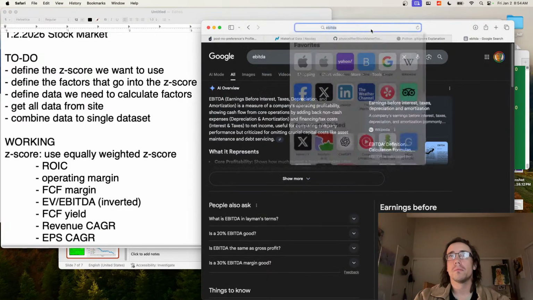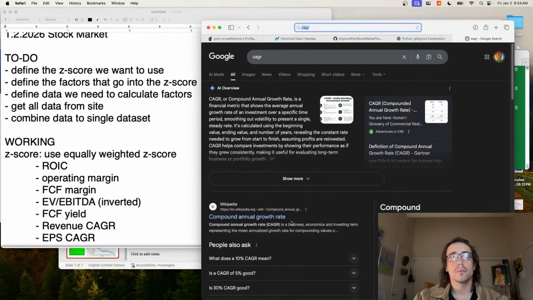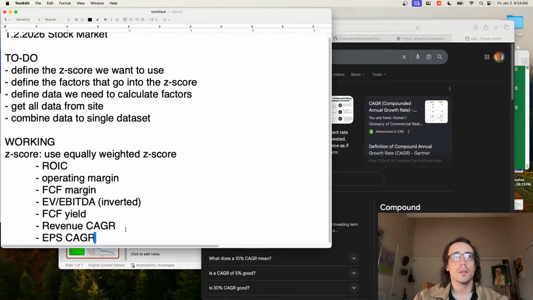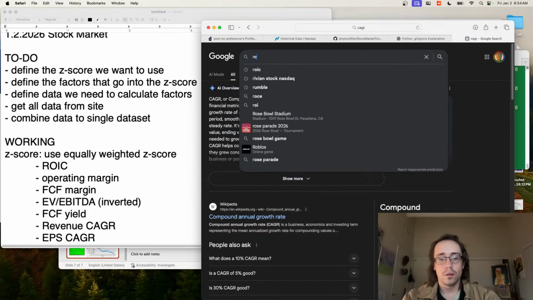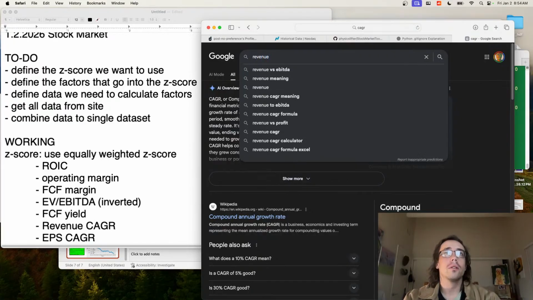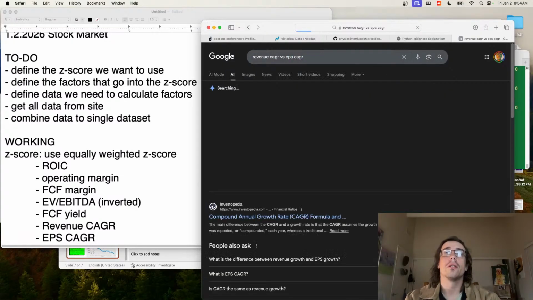CAGR. Revenue compound annual growth rate. Revenue CAGR versus EPS CAGR.